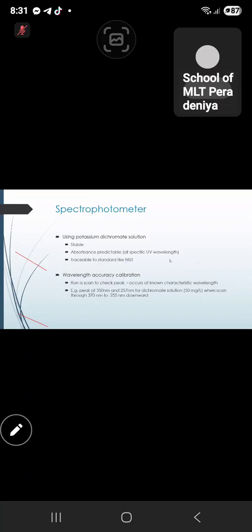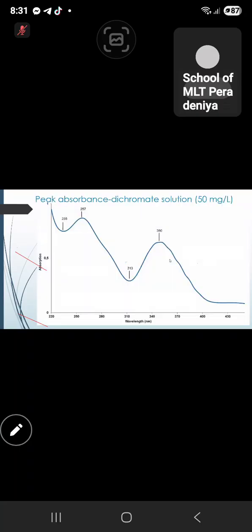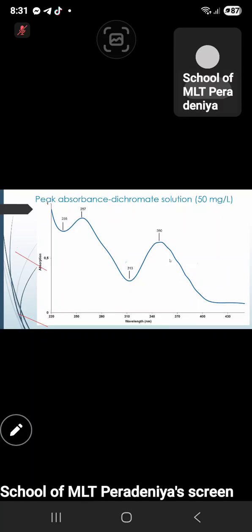Here you can see 257 gives a peak reading, and 350 also has a peak. So this is one kind of calibration. If you are getting a peak reading at 257 and a peak reading at 350, then we consider the wavelength accurate.